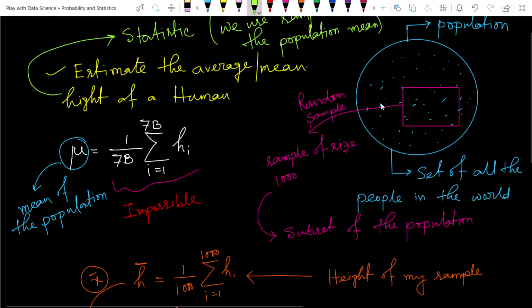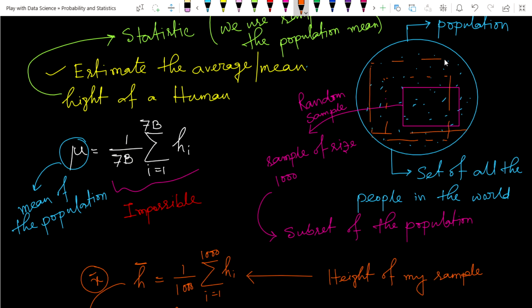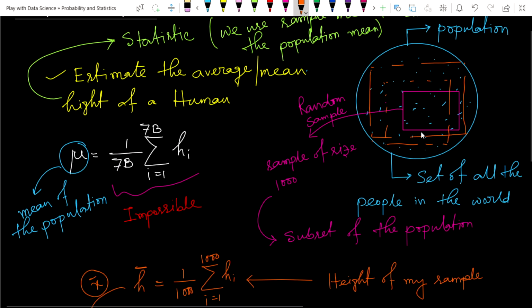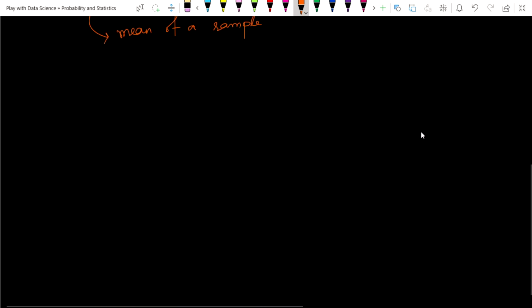Just see this. If we increase the sample size, then the sample is approximately equal to the population.